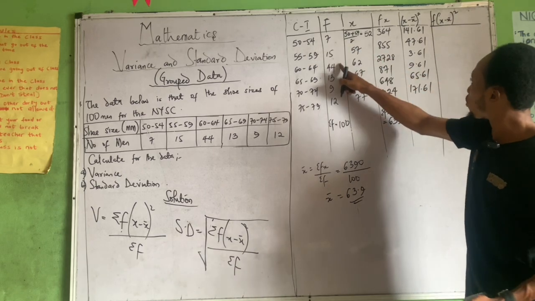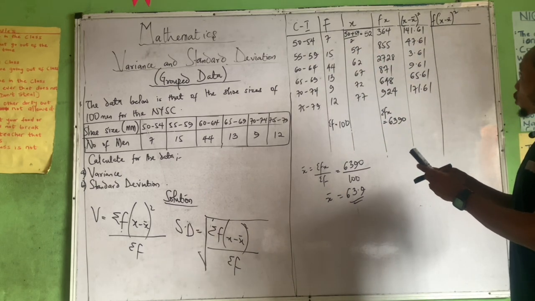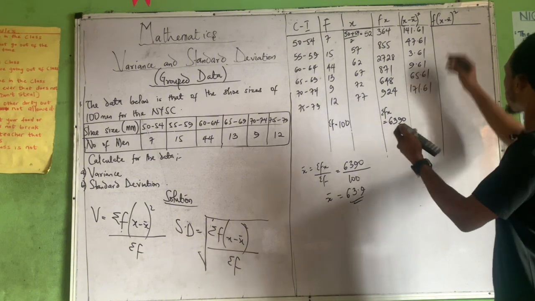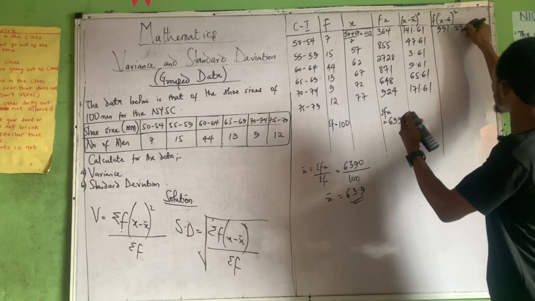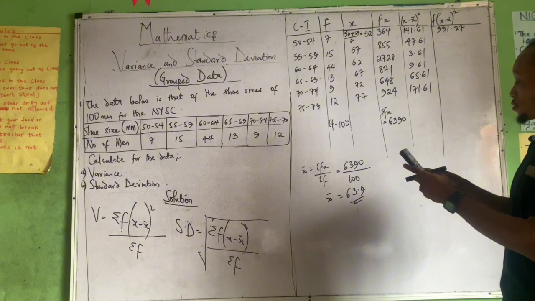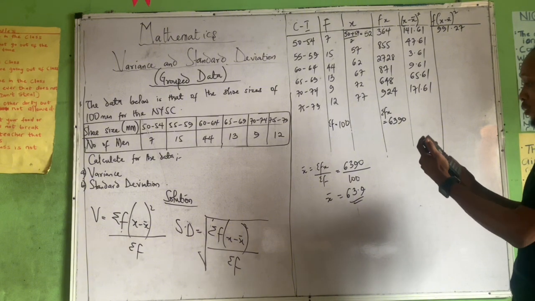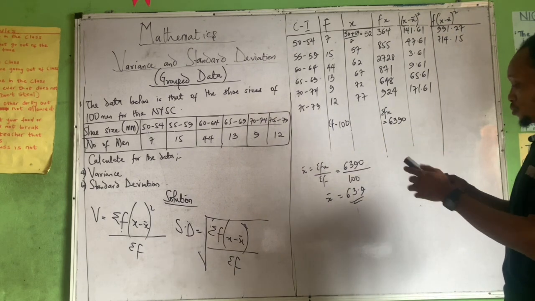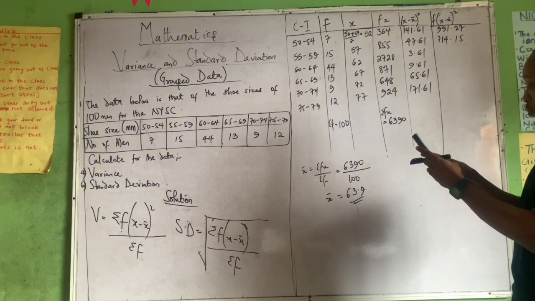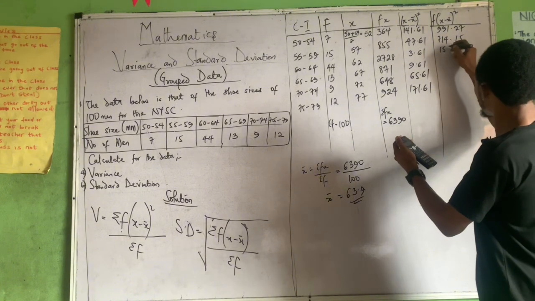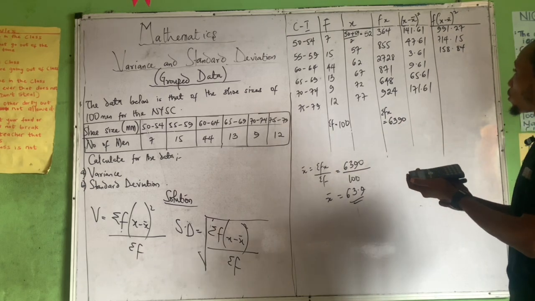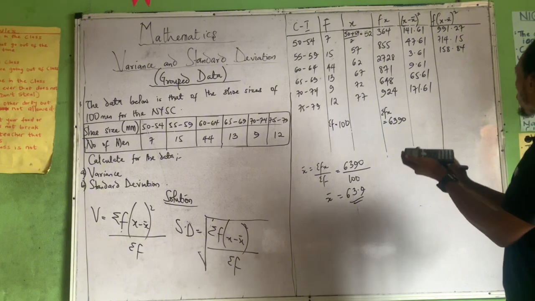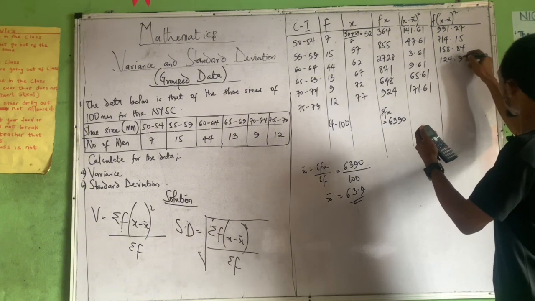I'm using my f to multiply this. 7 times 141.61, I have 991.27. 15 times 47.61, that'll be 714.15. 44 times 3.61, that'll be 158.84. 13 times 9.61, that'll be 124.93.